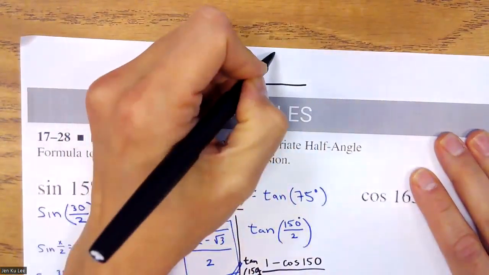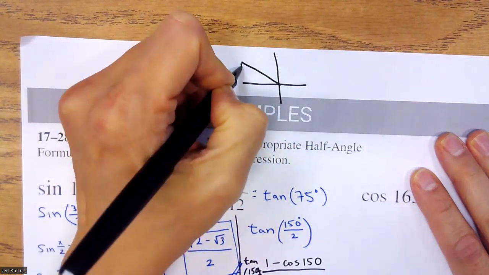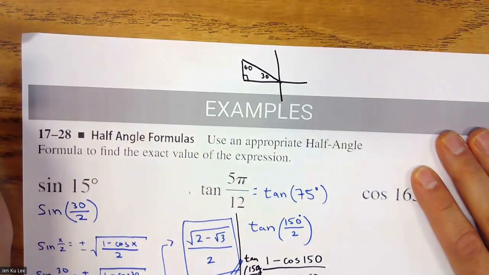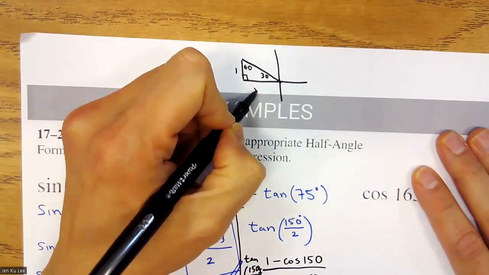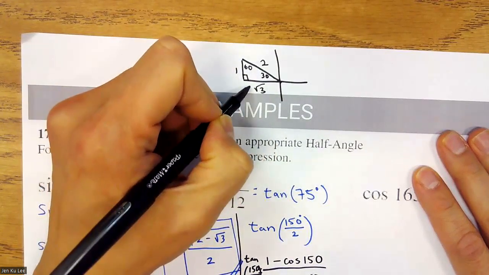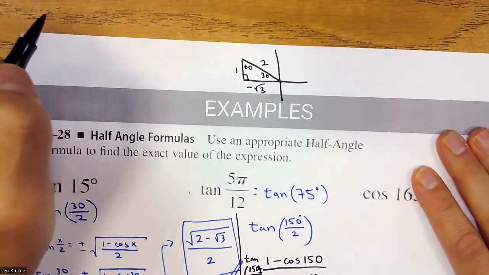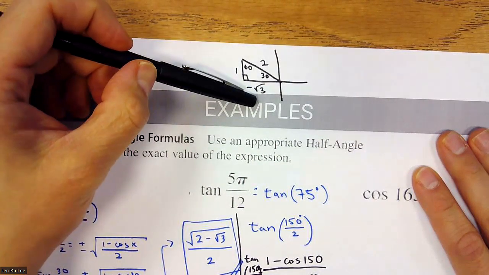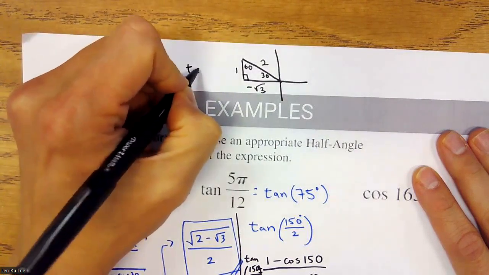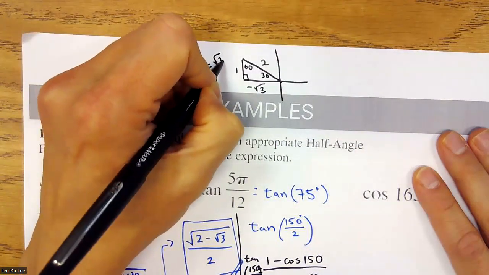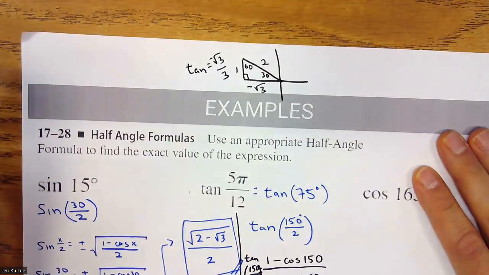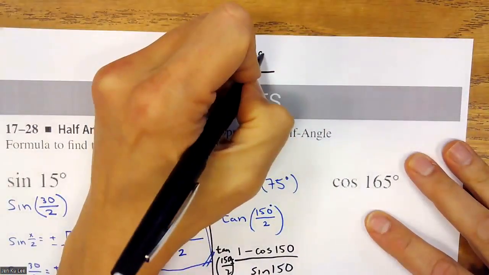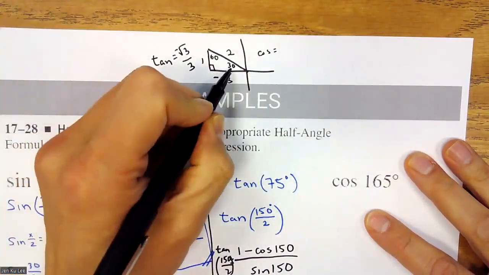Well, like I said, that's the 30-degree angle in my second quadrant. 30, 60, 90, and then 1, square root of 3 and 2, but this one's negative because I'm on my negative x-axis. And tangent is going to be 1 over square root of 3, so the tangent of this angle equals negative square root of 3 over 3. But I need the cosine and the sine. So the cosine of this angle is 1/2.